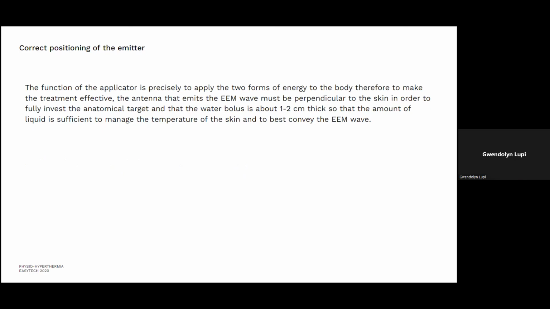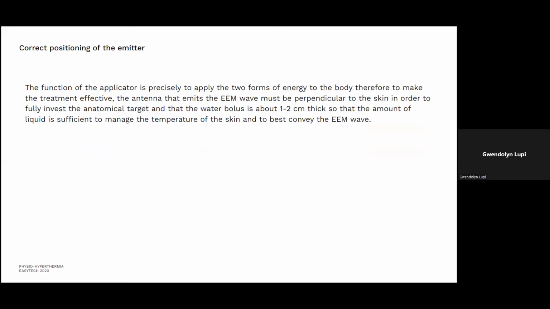So just 2 more issues which are, we think, important for you. As I told you, very important is the positioning of the patient, and of course of the antenna, which is emitting the electro waves. As you can see here, we have written the antenna that emits the electro waves has to be positioned perpendicular to the skin.